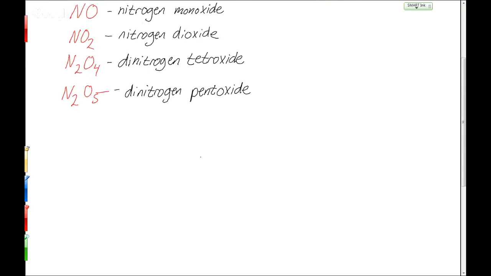Okay, let's try a couple. All right, let's write names for these four compounds. See if you can write them down.